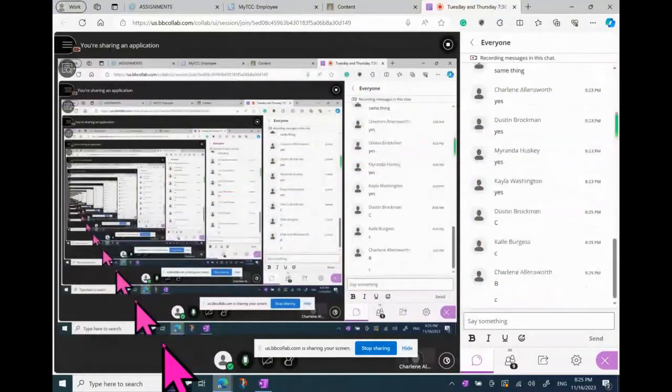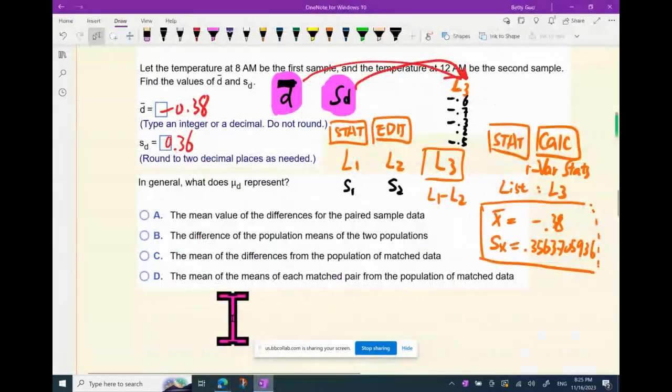You choose, let's look at both B and C though. More people choose C. B says the difference, okay, it's gonna be C. Yeah, because mean, population mean, right?